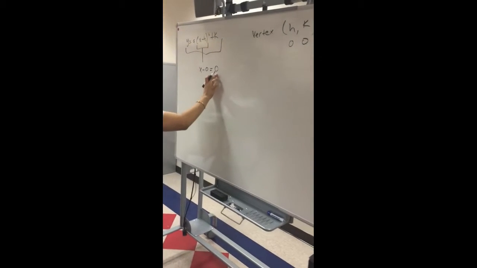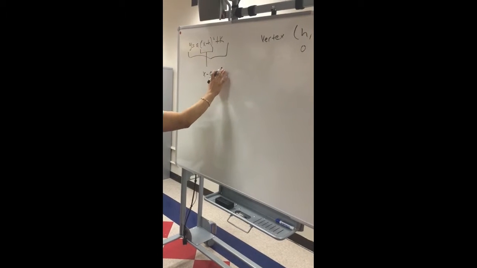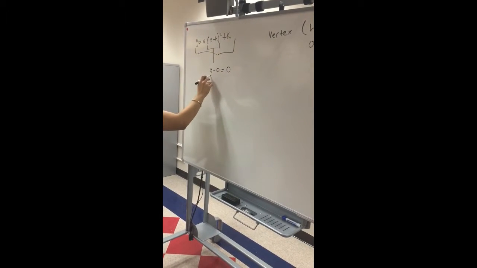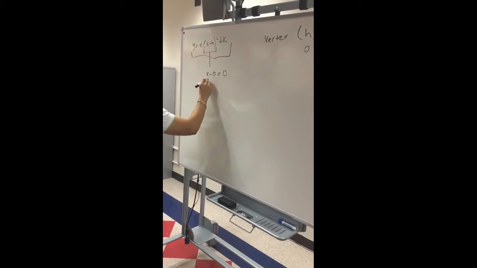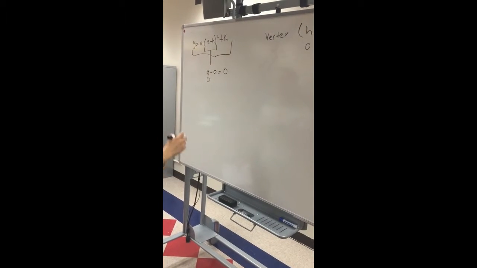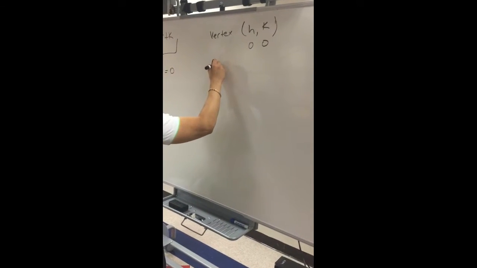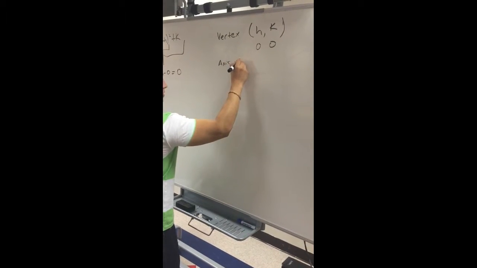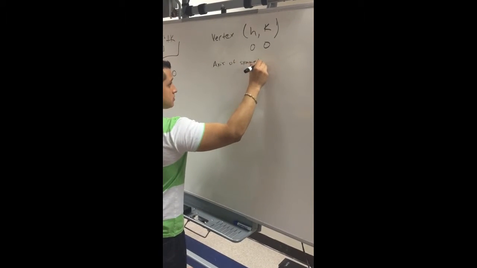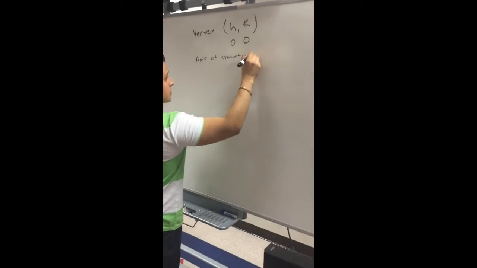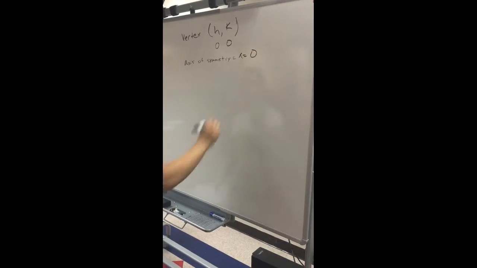Since it's x minus 0 equals 0, what does x have to be to set it equal to 0? x has to be equal to 0. So our axis of symmetry will be x equals 0.